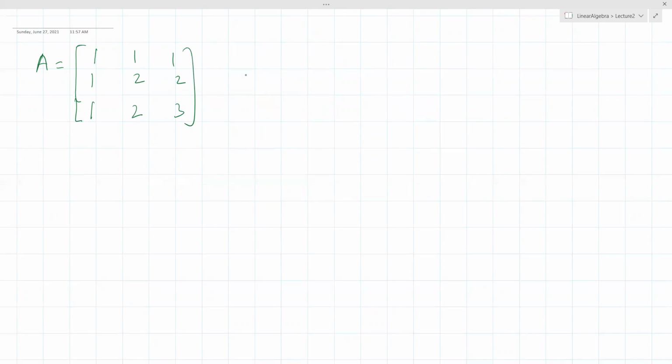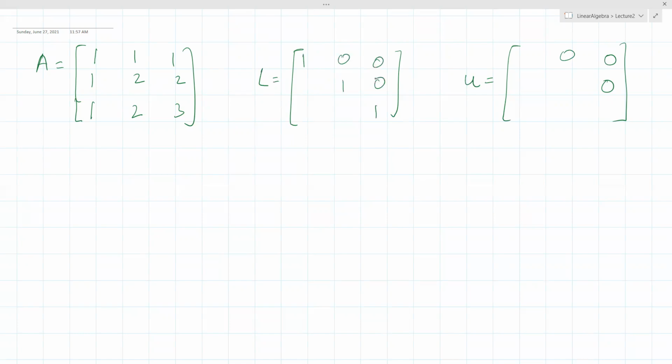Now divide this into L and U. U will be of this form with zeros below the diagonal, and L will be of this form with 1s on the diagonal.